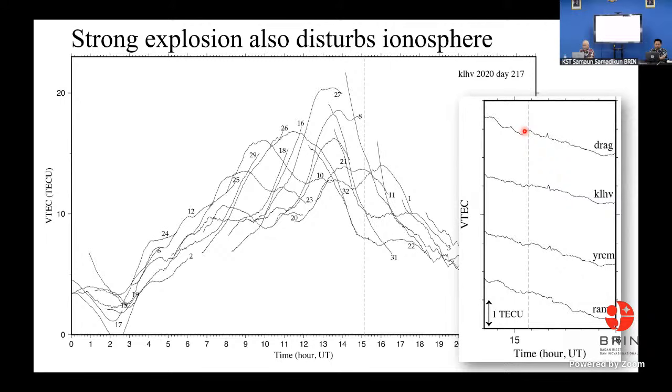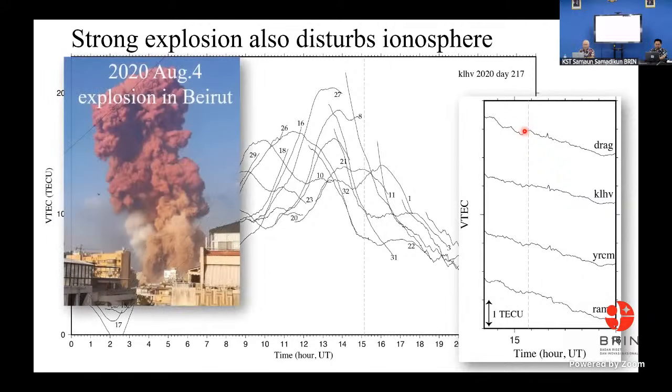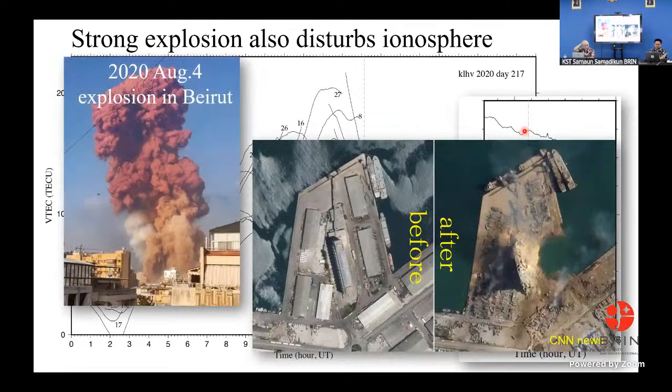And what happened at this time? It is an artificial explosion that occurred as an accident in a warehouse in the port of Beirut city, Lebanon. It was so huge, like a volcanic explosion, and disturbed the ionosphere.